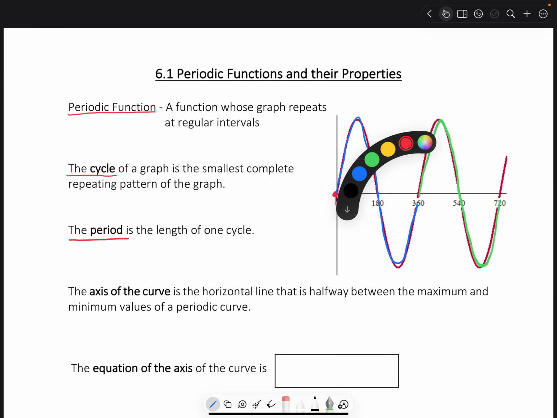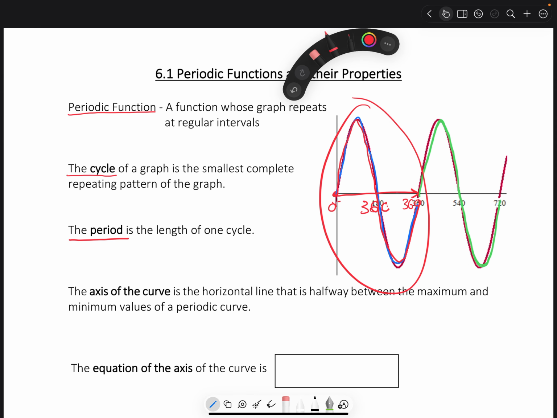Here we notice that it's actually 360 degrees. So from 0 to 360, it takes 360 for one cycle to complete.